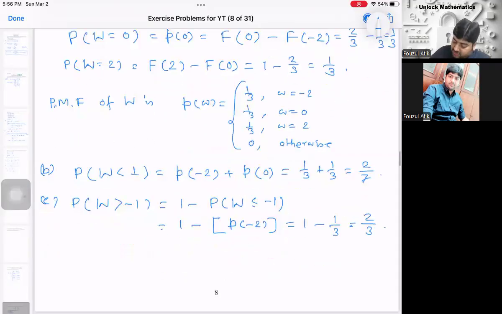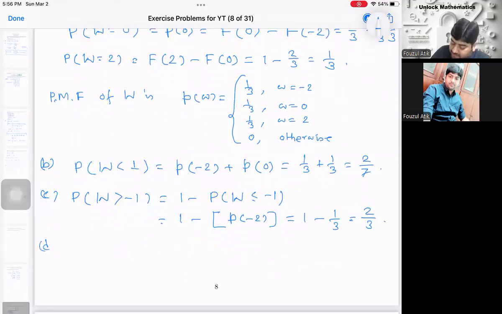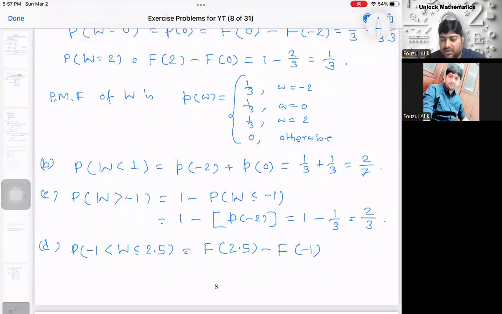And the next question was question number D. It is P of -1 less than W less than or equal to 2.5. Now this one has a formula, we all know. We can say it as f of 2.5 minus f of -1.